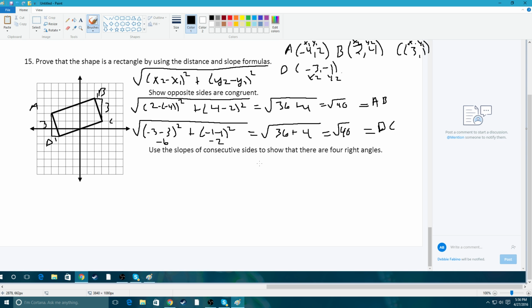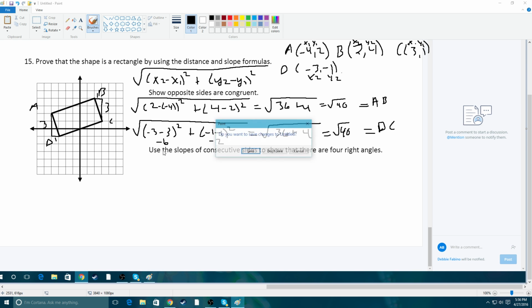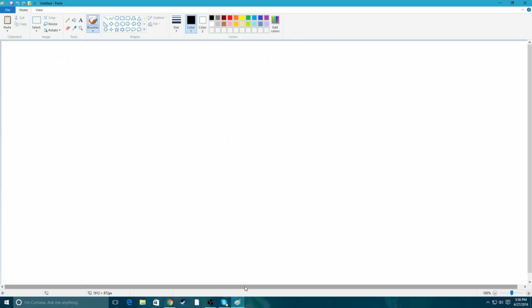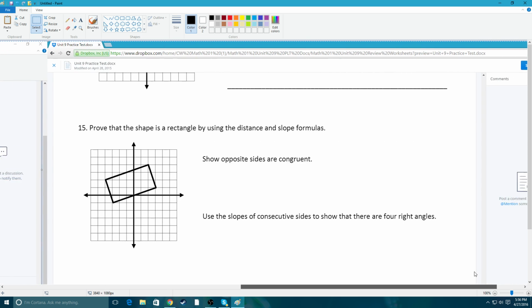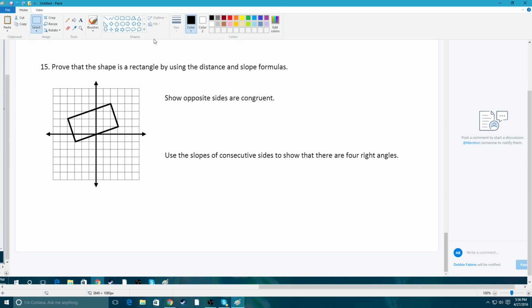Use the slopes of consecutive sides to show that there are 4 right angles. Okay. So let's look at the slope of D to C. I'm going to start over with this problem so that way you guys can see the consecutive thing, because it gets real messy with the computer. Okay, so if we were to go from D to C, you would go up 2, over 1, 2, 3, 4, 5, 6.